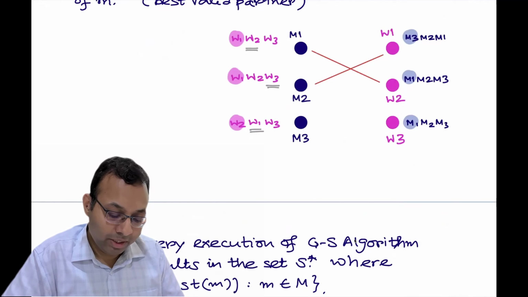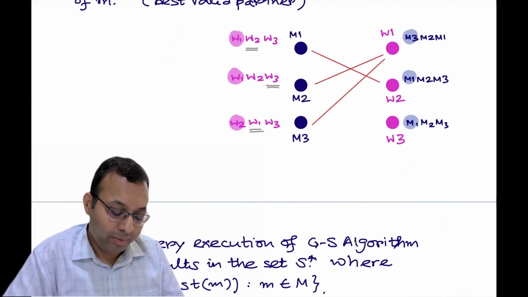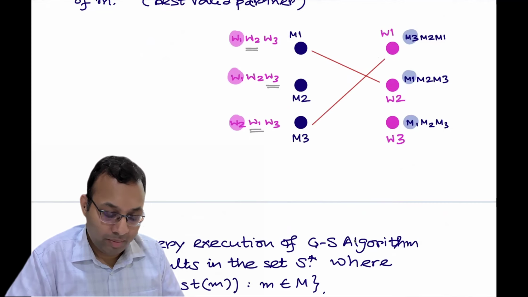As W2 has rejected him, he will propose to W1, because after W2, his preference was W1. So M3 proposes to W1, and W1 finds she prefers M3 over M2, her current match. So M2 and W1 are broken, and the M3 and W1 match is created.